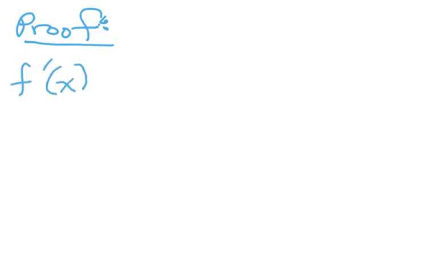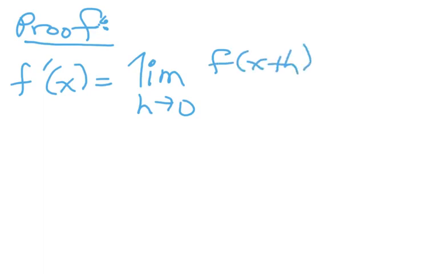For a proof of this, we're going to use our definition. So f prime of x is the limit as h approaches 0 of f of x plus h minus f of x, all divided by h.